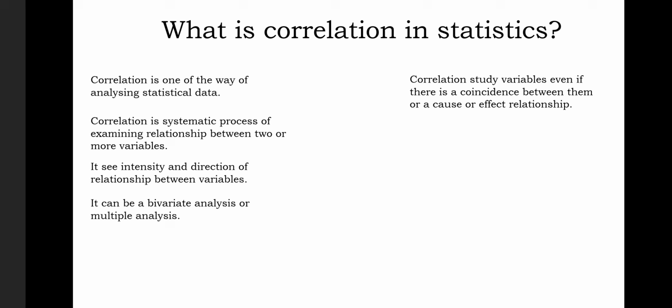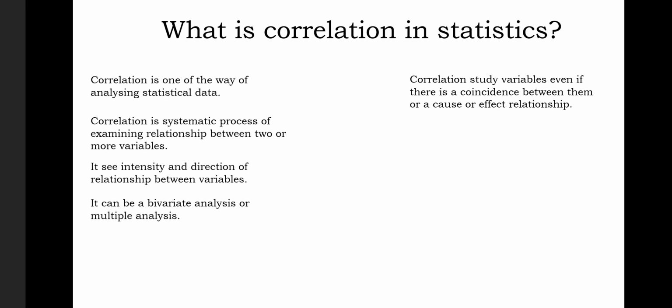Correlation studies variables even if there is a coincidence between them or a cause and effect relationship. For example, ice cream has a relationship with summers, so it can be a cause and effect relationship, or it can be a coincidence.